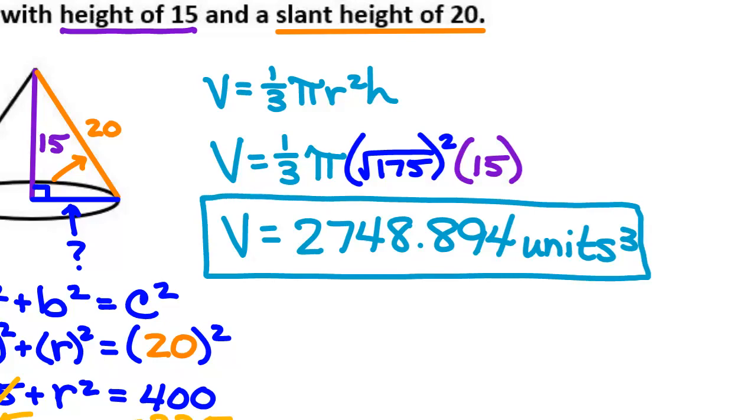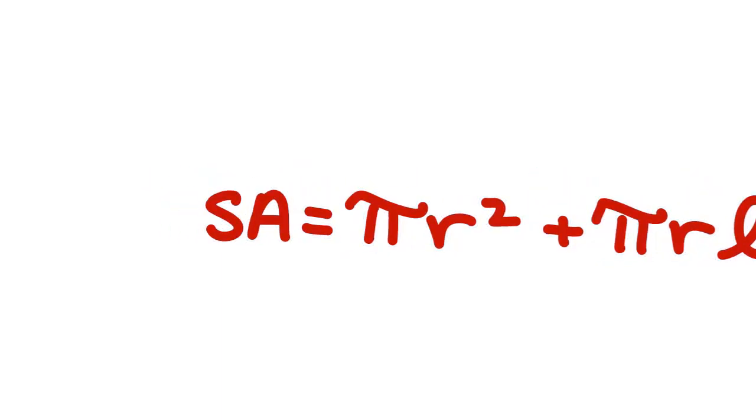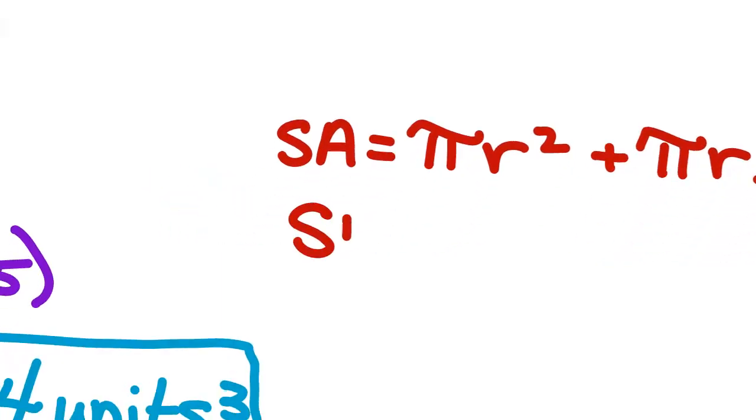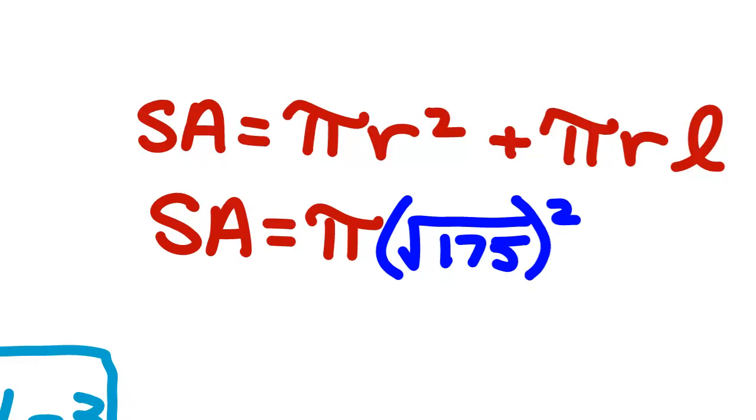All right, just surface area and then we're done. Surface area, we have pi r squared plus pi r times our slant height. So pi times square root of 175 squared.